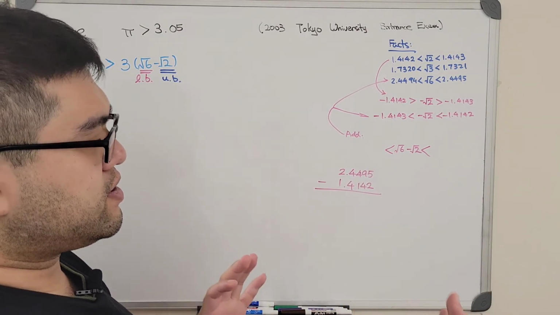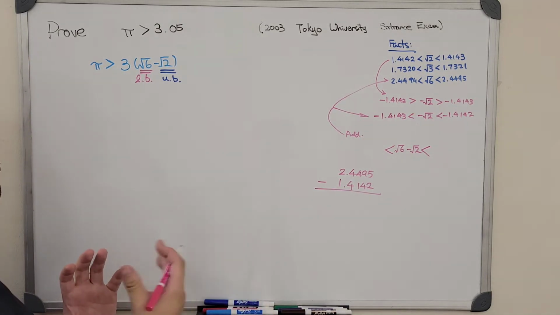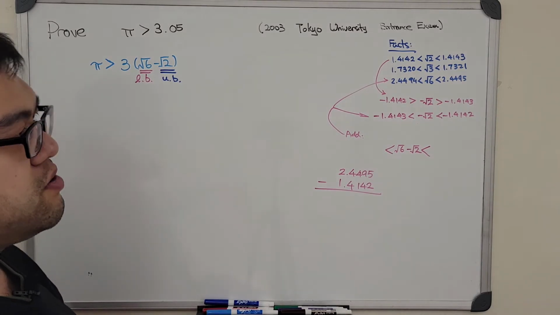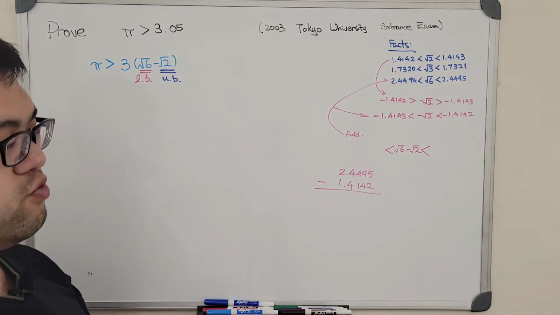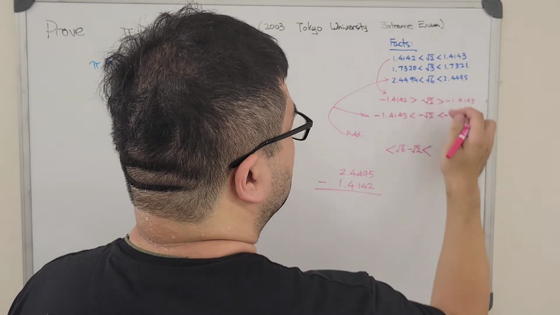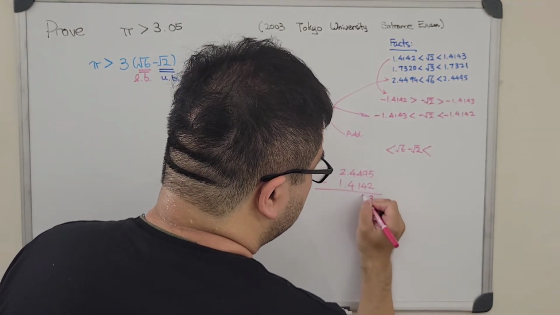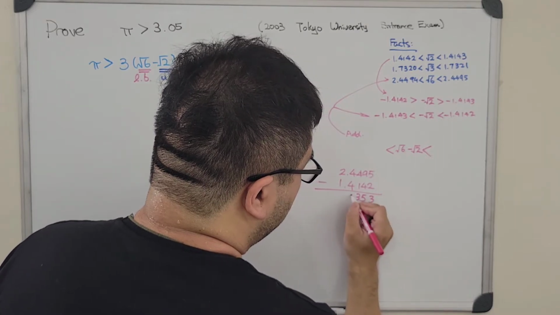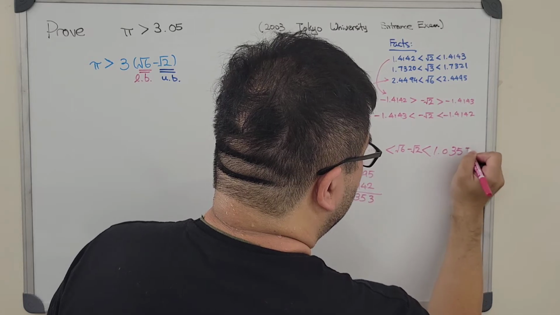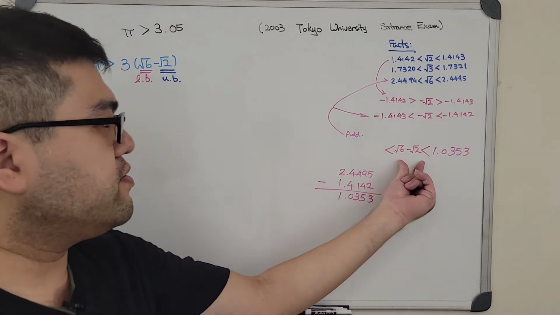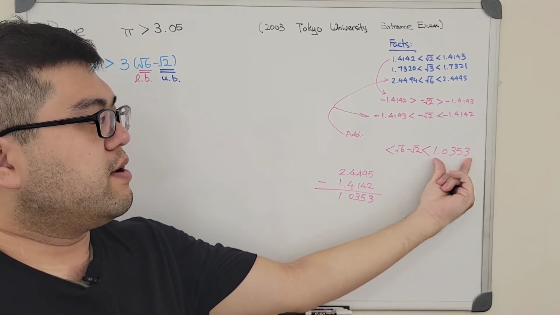But this is still enough because all we care about is what lower bound this brings us to. If the lower bound is still bigger than what we want, everything is fine. So what does that mean? Now we're going to do the subtraction here. It means that we now know that this value cannot be bigger than this number, by approximation.